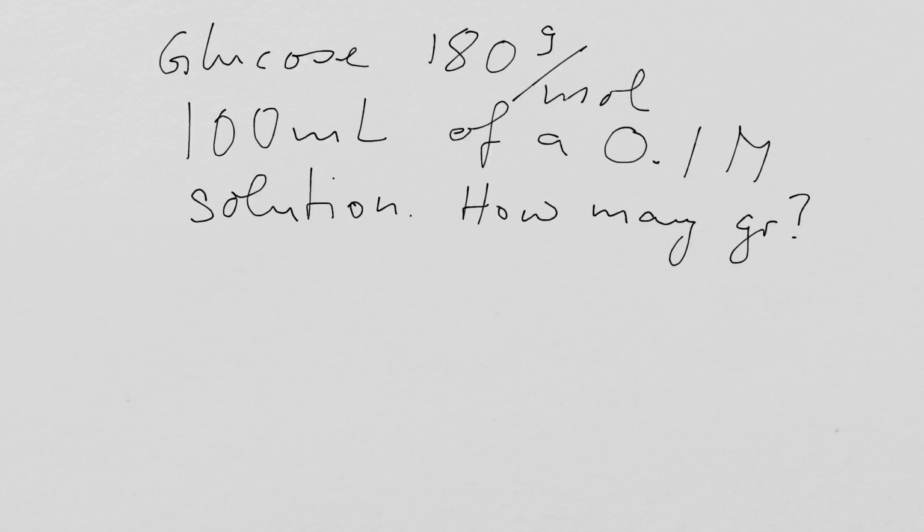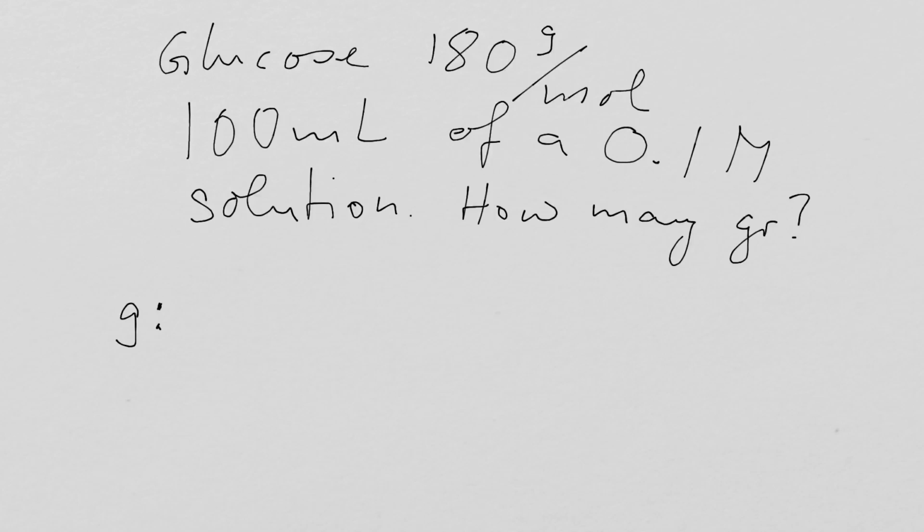Again, it's very simple. Do you want to try it yourself, or shall we do one example together, and then you can do basically all of them yourself? Shall we have a look at that? What do we need? What are we looking for? What's the unit? Grams. Do we have grams anywhere?